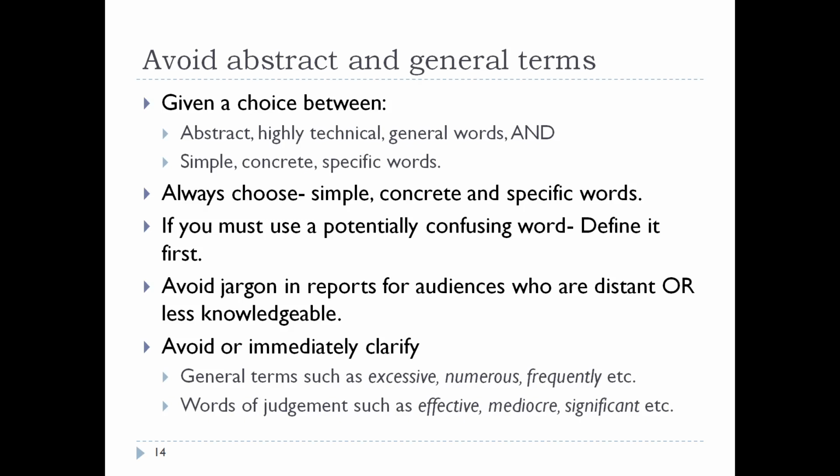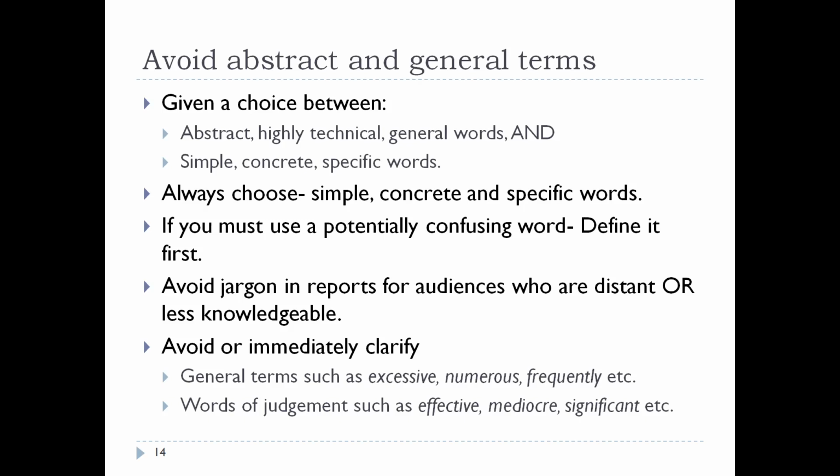What are those examples? The examples for general terms are excessive, numerous, few, soon, frequently, more often. Now these are general terms. They can mean anything for anyone, depending upon the background of the person.